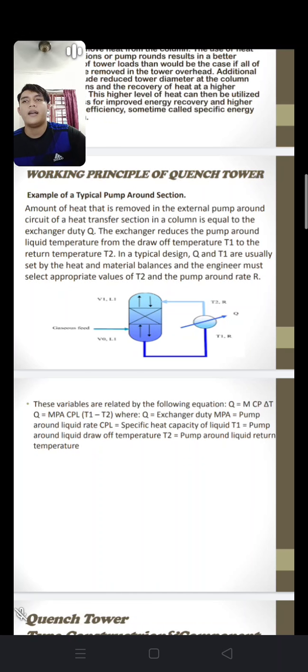Q and T1 are usually set by the heat and material balance, and the engineer must select appropriate values of T2 and the pump around rate. So, boleh lihat rajah tersebut.